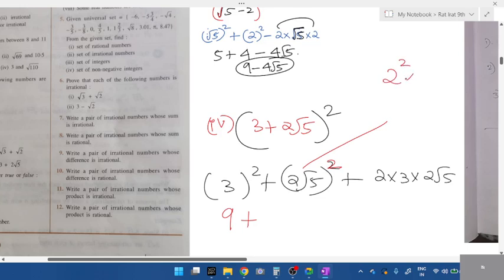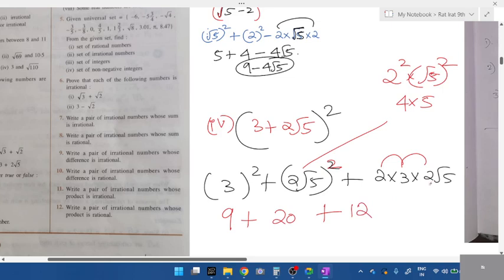So that square will get multiplied to both, right? What is 2 square into not root 5, just 5? So 5 is 20, plus, except root, multiply all the normal numbers except root. What are the normal numbers? 2 times 3 is 6, 12.